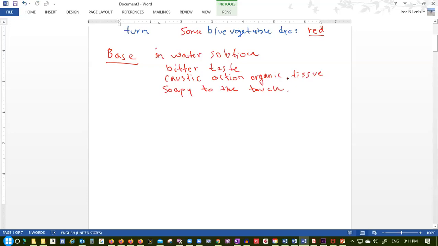Probably if in your kitchen you have the chance to handle baking soda, put a little bit of baking soda on your fingers, add some water, and feel that touch. You feel soapy or slippery between your fingers. That's a characteristic of bases, and that occurs because they have the tendency to dissolve tissues.